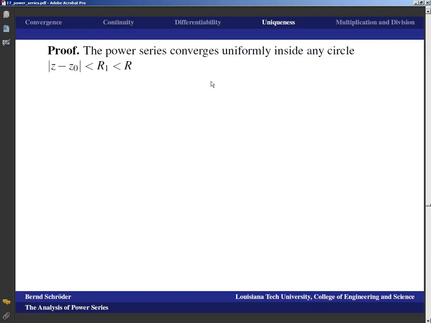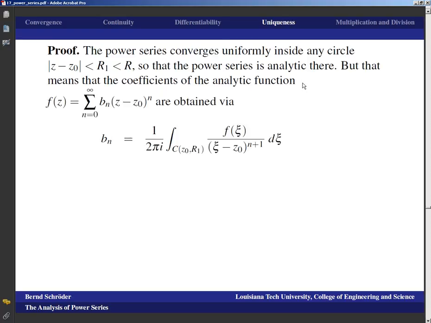The power series converges uniformly inside any circle of radius r1 that is smaller than R. So that means that the power series is analytic there.